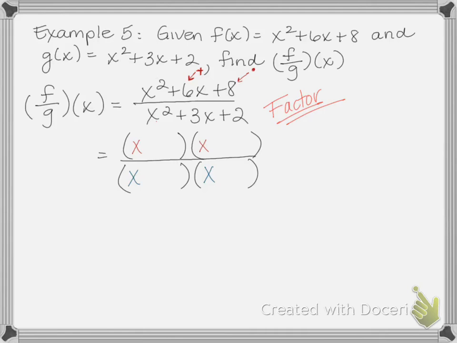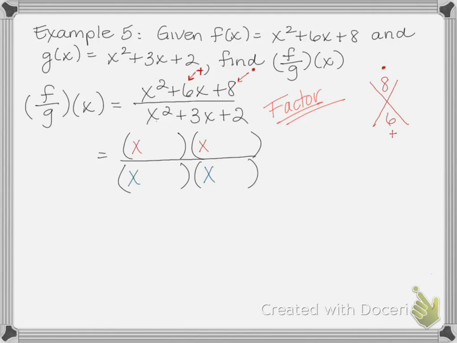So what some teachers do is encourage you to create a sort of rubric over here, an organizer. And we say, okay, well, I'm going to put the what times what multiplies to be 8. So I'm going to put a dot here to remind me that I'm multiplying to get an 8. And what plus what is going to add to give me a 6.